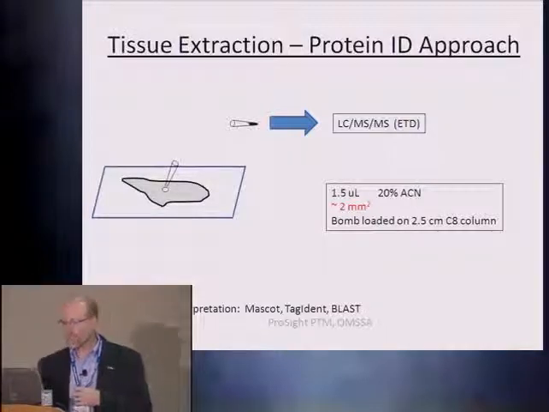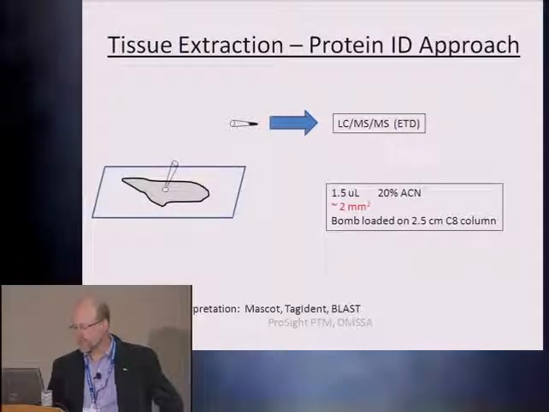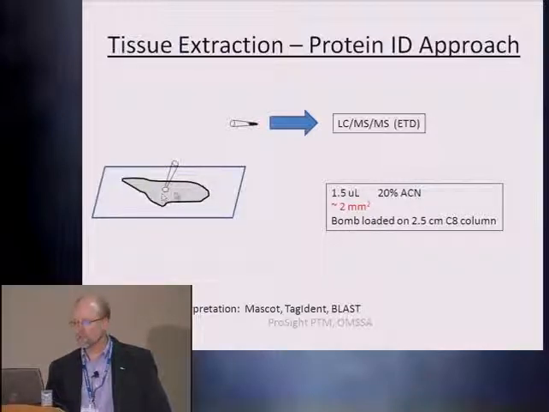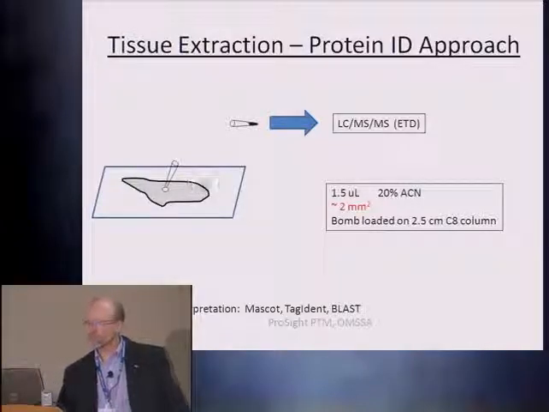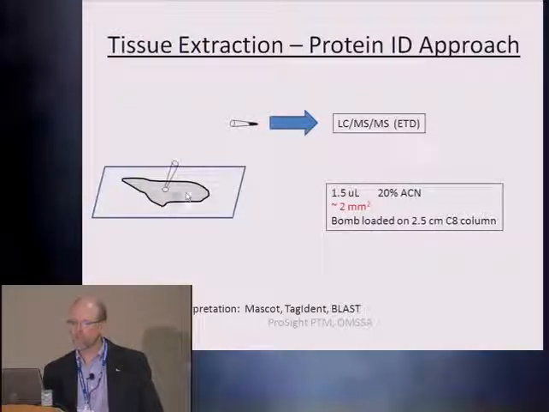So in my laboratory, we've been taking a slightly different approach. We do a micro extraction using about 1.5 microliters of 20% acetonitrile. We apply this directly to the tissue with a gel-loading pipette tip. This samples roughly 2 square millimeters of tissue. It's not high spatial resolution, but we can still define regions of the tissue where we're extracting the proteins.